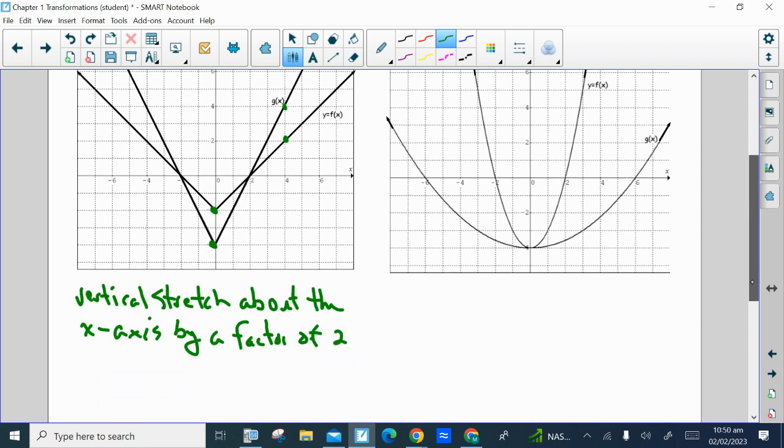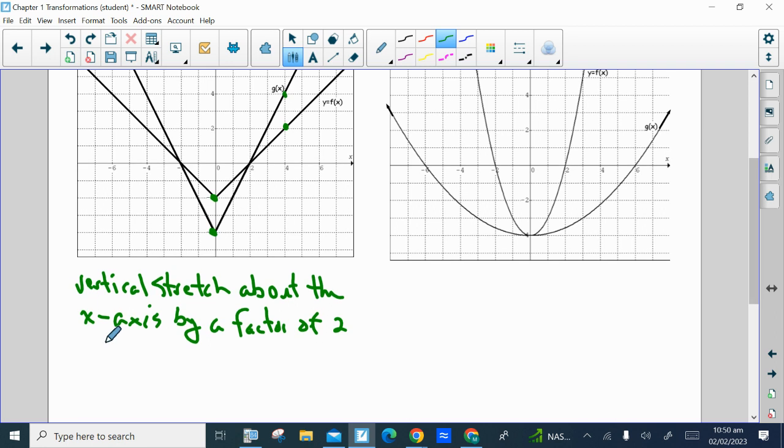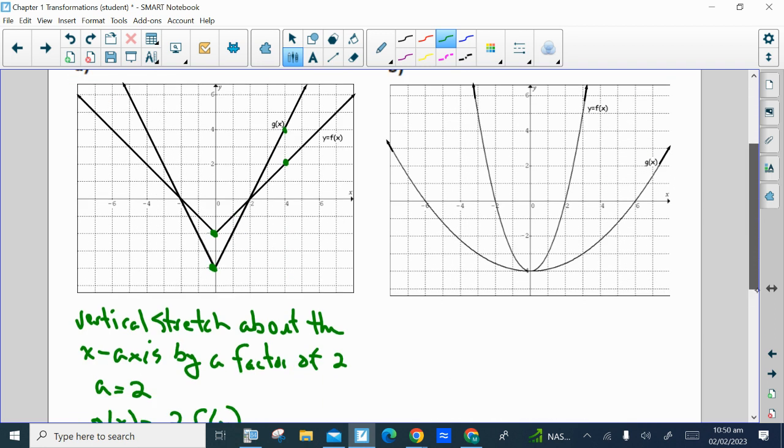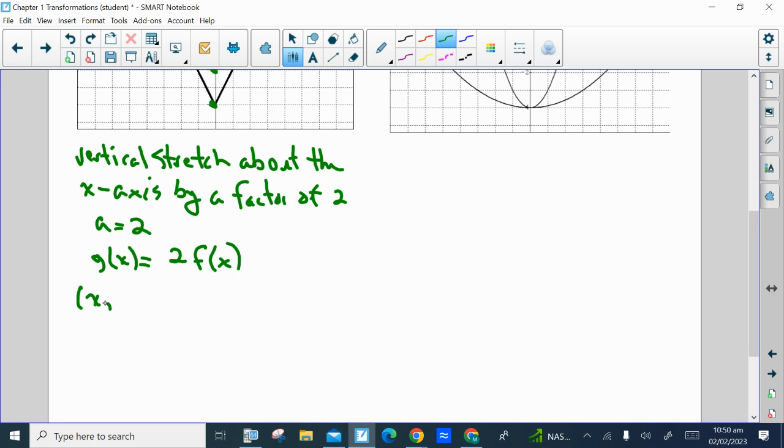So if it's been vertically stretched by a factor of 2, that means our a value is 2. And therefore, g at x is twice f at x. An a value of 2 means that you have a coefficient in front of the function of 2. It's in front of the f. And if we're going to write a mapping notation for this, again, it was a vertical stretch by 2, so all the y values were multiplied by 2.